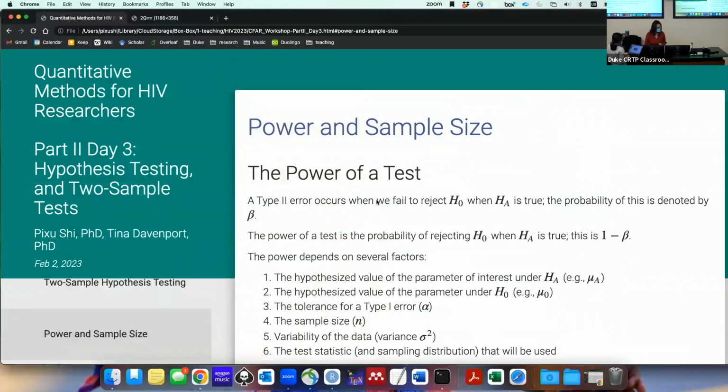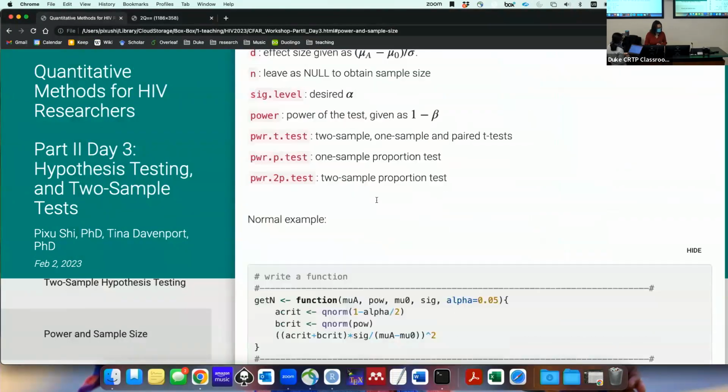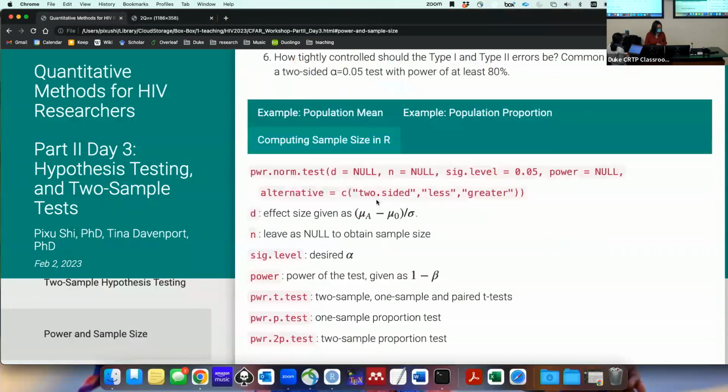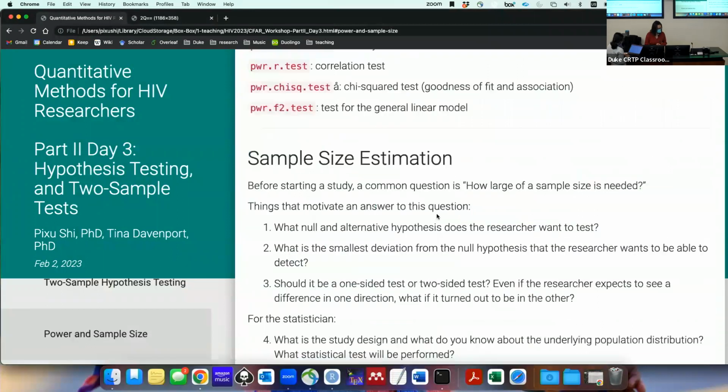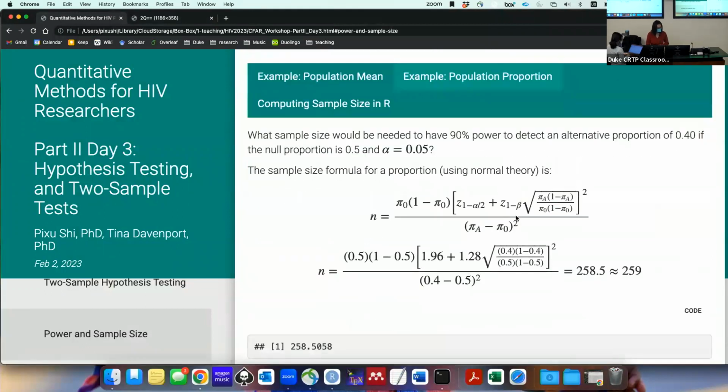In the power calculation, what was your question? Yeah, this function, what is the physical meaning of 0.5 and 0.4?